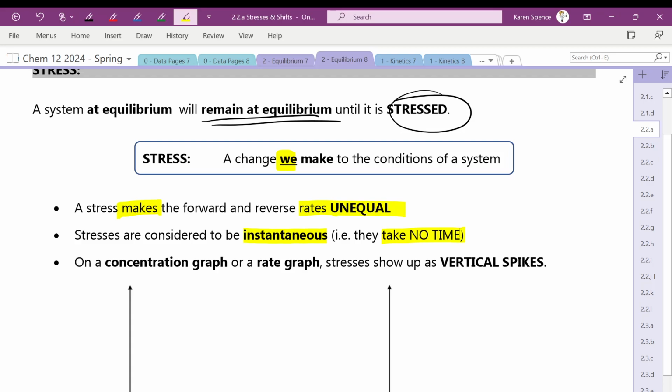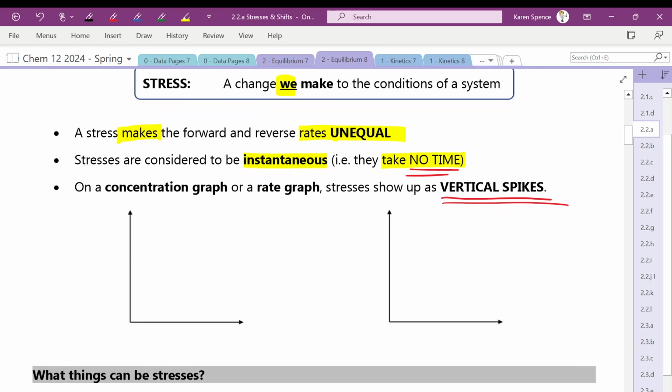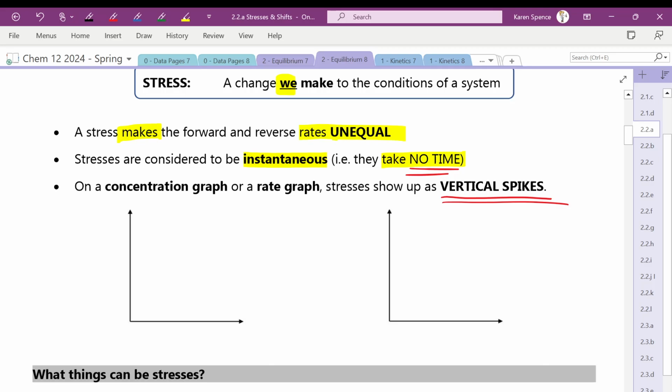So because it takes no time, it's going to appear as a vertical spike. And today we're going to be starting to learn about concentration and rate graphs. So here we're just going to take a look at what that looks like if we have a stress. Don't worry about what happens after the stress. We will get to that.